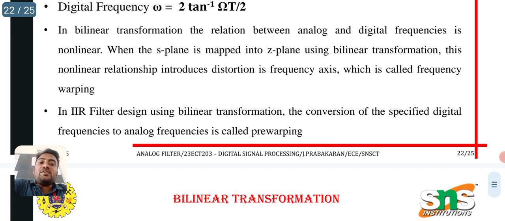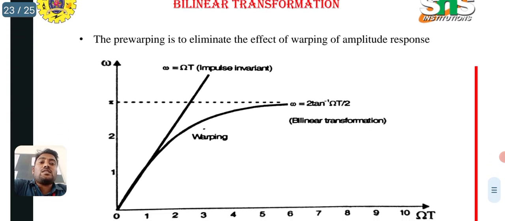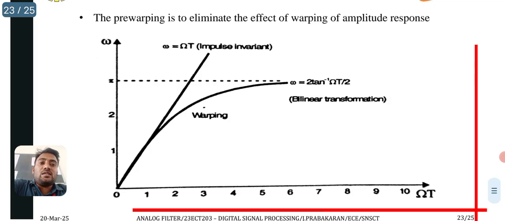In IIR filter design using bilinear transformation, the conversion of the specified digital frequency to analog frequency is called pre-warping. Here you can see the warping and pre-warping effect through the graph.